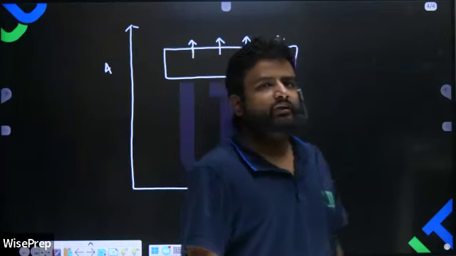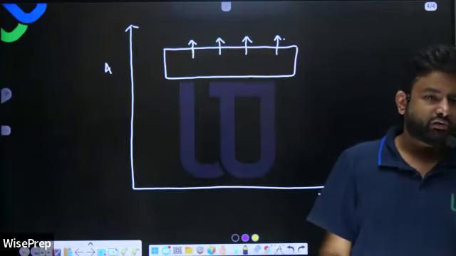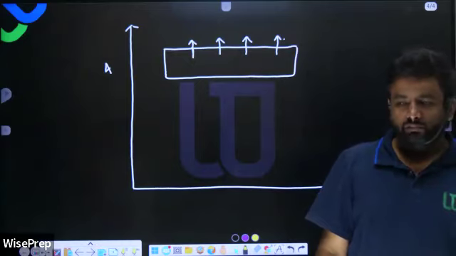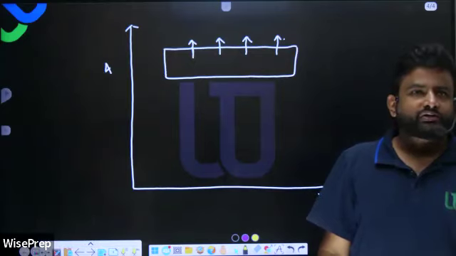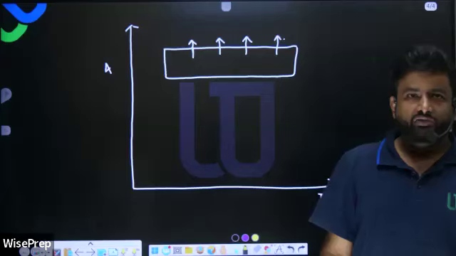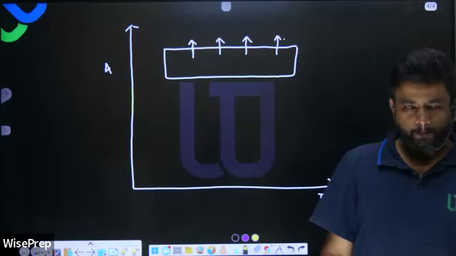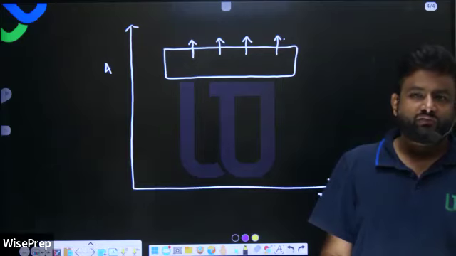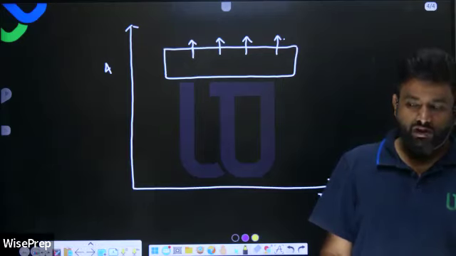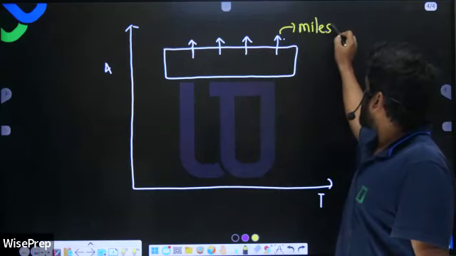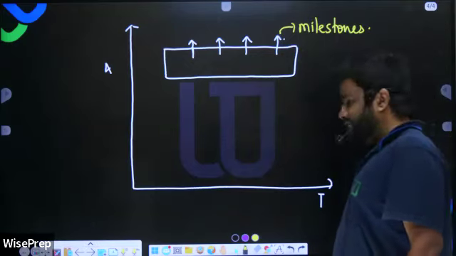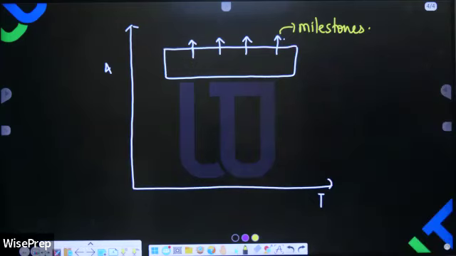So write a note: this limitation is overcome by showing sub activities by using marking stage, as shown in figure. That's known as milestones.